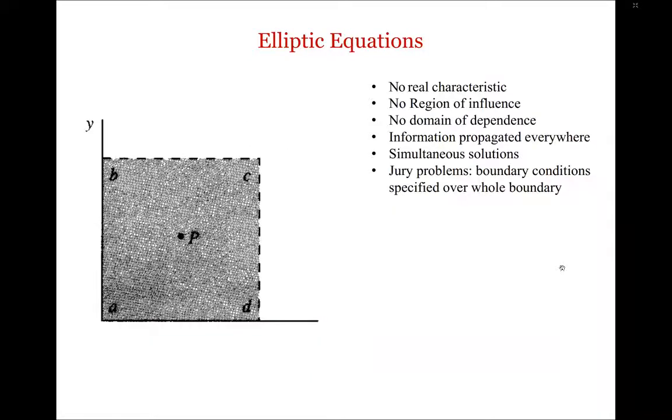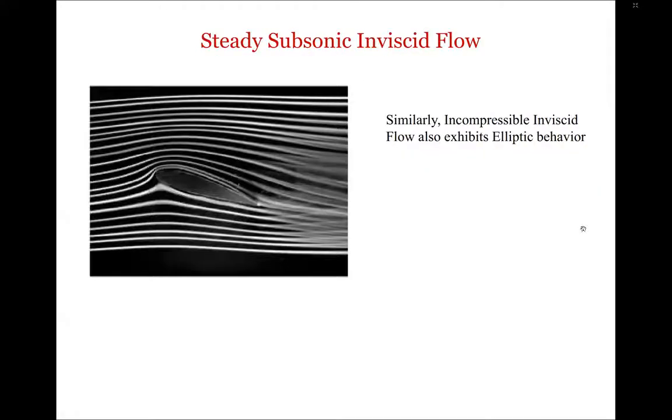So moving toward elliptic equations. There is no real characteristic, no region of influence, no domain of dependence. Information propagates everywhere, with simultaneous solutions, as in jury problems, with conditions specified over the whole boundary.